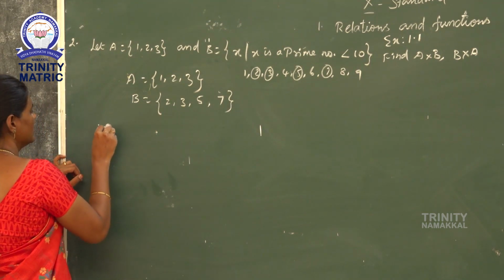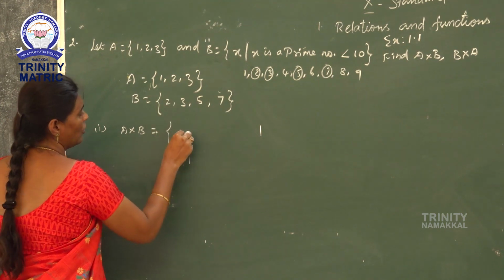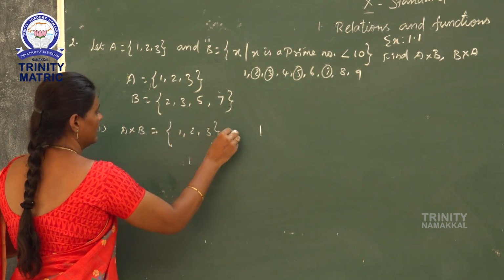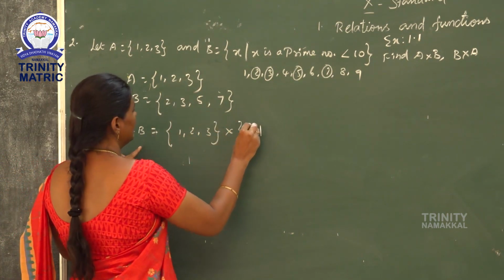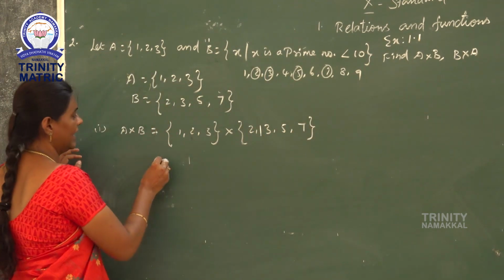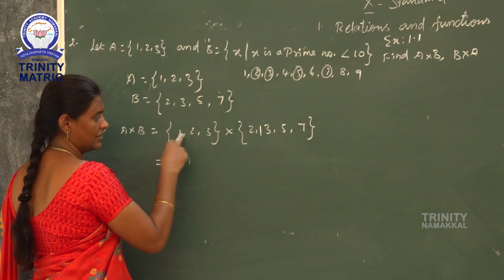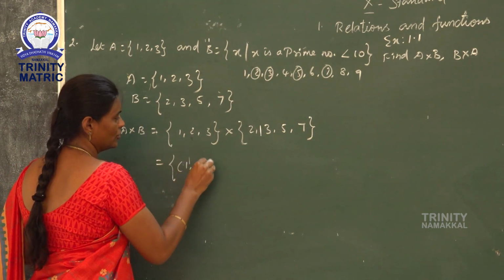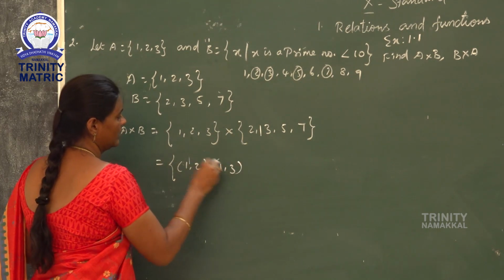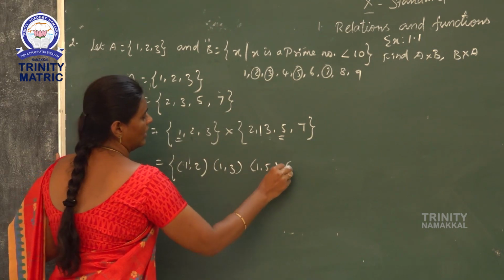Here we have to find first A cross B. First we write the set A, 1, 2, 3, cross the set B, 2, 3, 5, 7. Now we find A cross B. First we write 1, 2, then 1, 3, 1, 5, 1, 7.